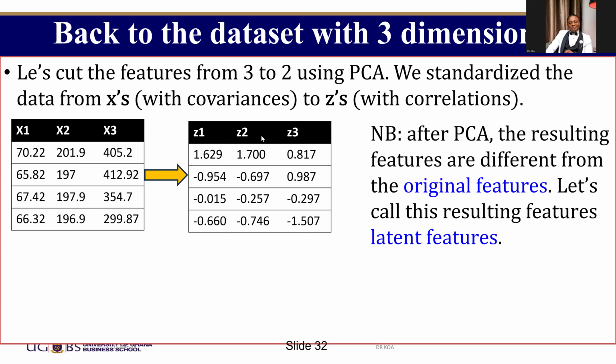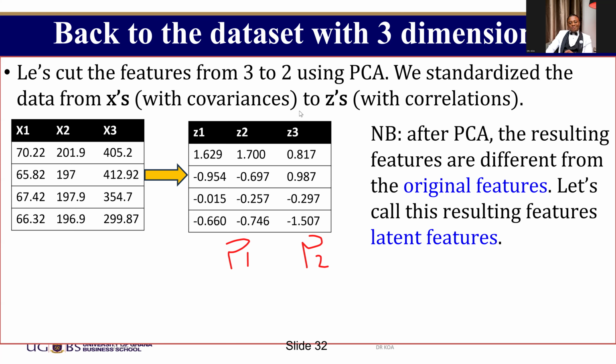And please, the latent features are not the Z's. I want you to know, it's not the Z's. The Z's are simply scaled factors. Scaled. But I'm talking about the principal components. So suppose eventually we have principal component 1 and principal component 2. Let's say we have eventually only 2.